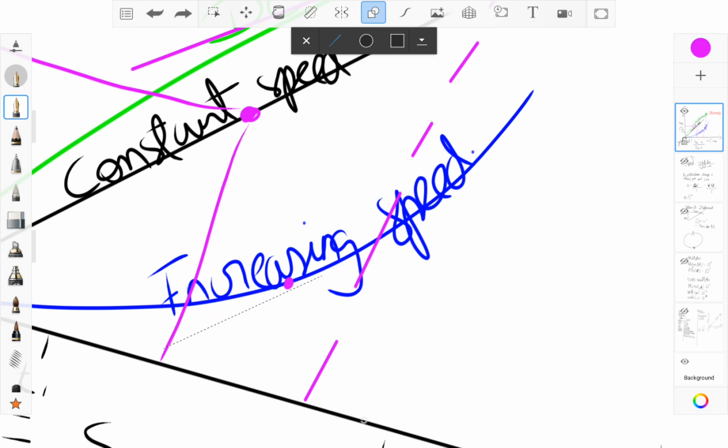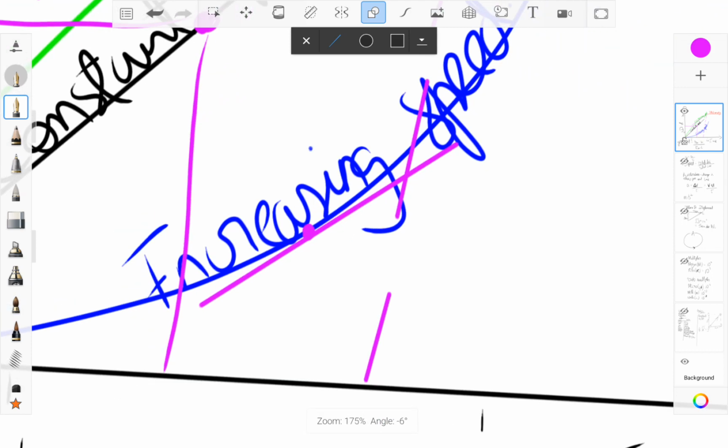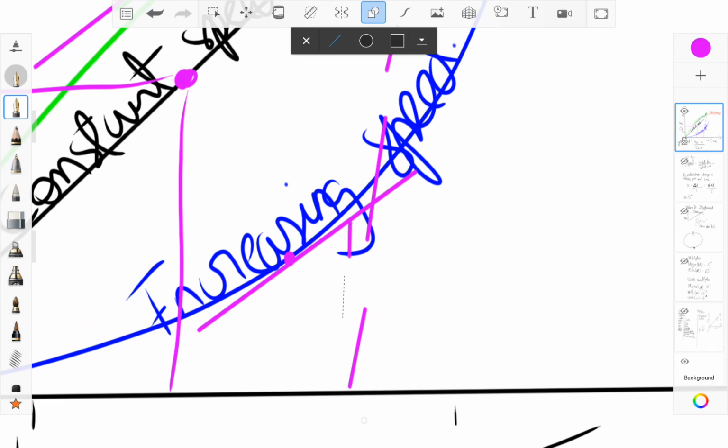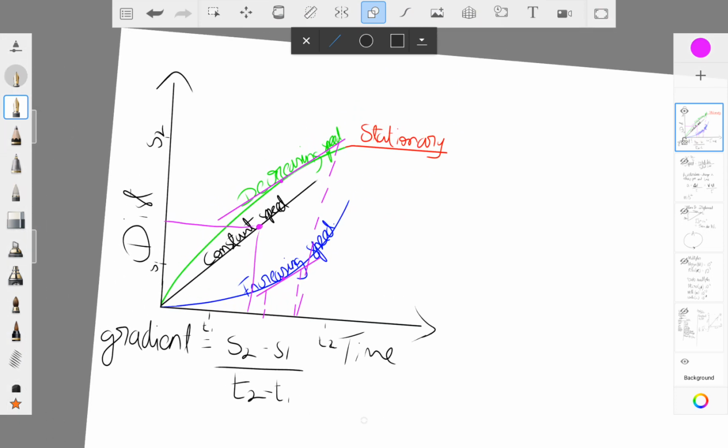That's not really right. Maybe something like, you need to try and get the angles equal. And a tangent, of course, is a line that only touches a circle at a particular point, and you can calculate the gradient like this, basically. So that's a distance time graph. Gradient shows speed. So that's more or less it for a distance time graph. Let's go and look at the speed time graph.